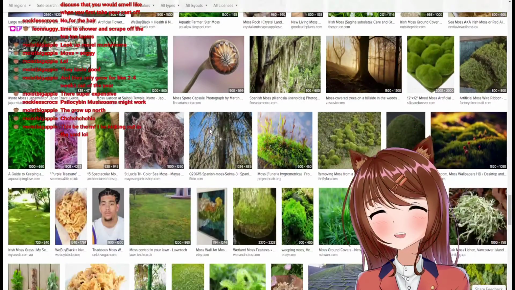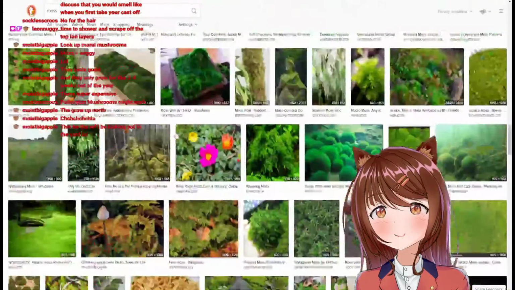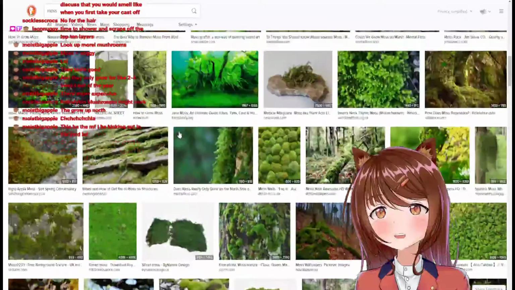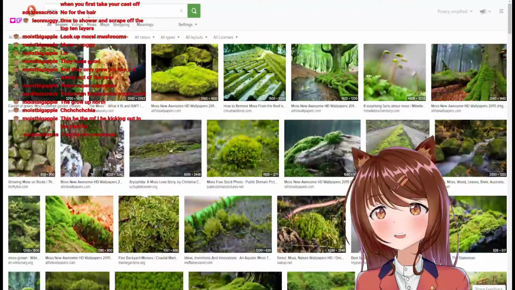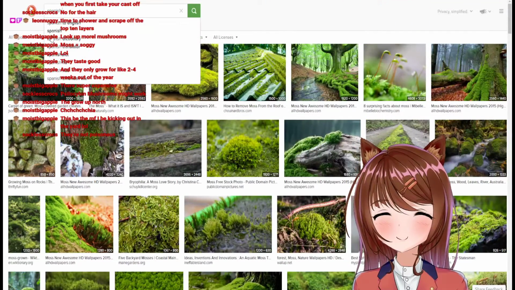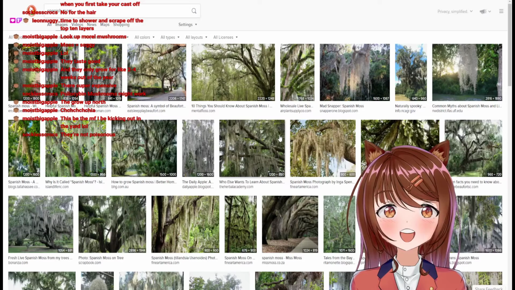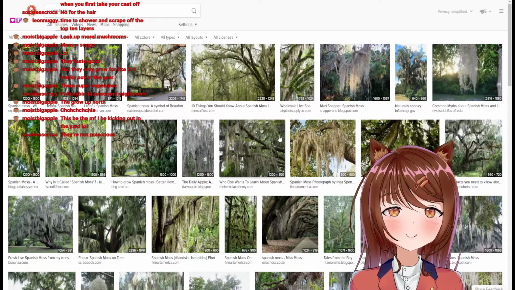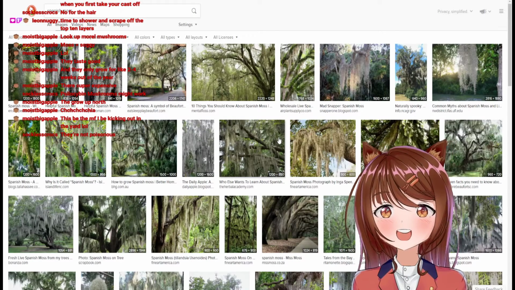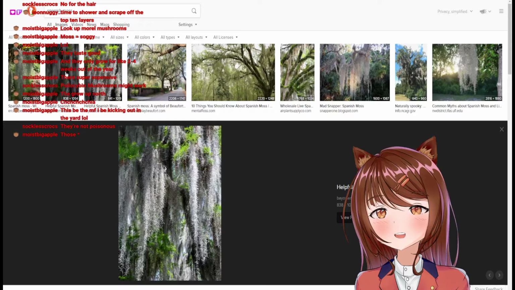Oh yeah, Spanish moss grows really long. Here, let's look up Spanish moss. Yeah! It's the spoopy moss! They're not poisonous? Oh, okay.